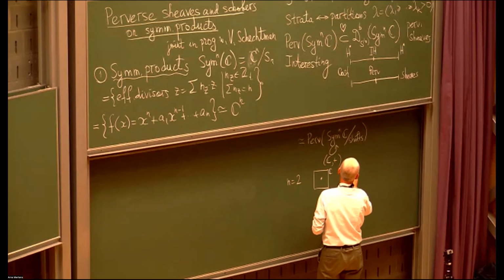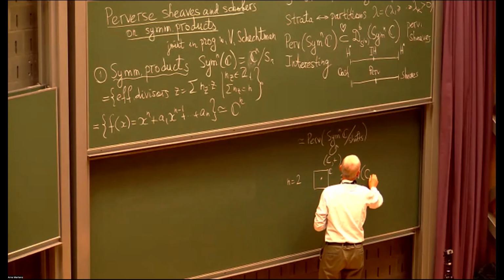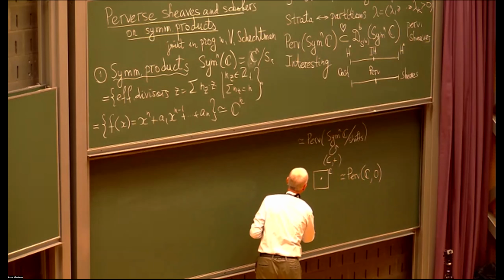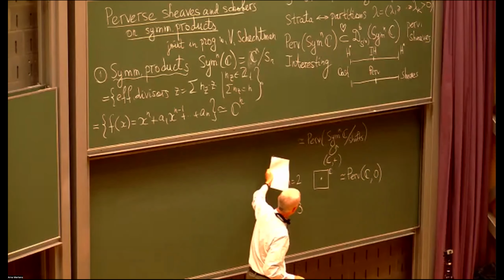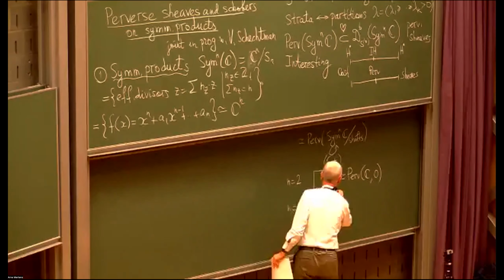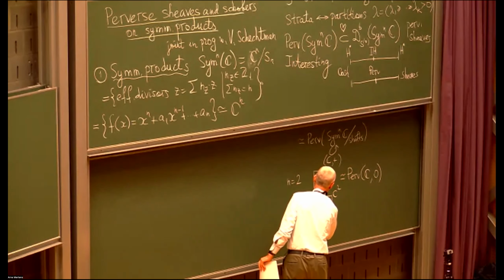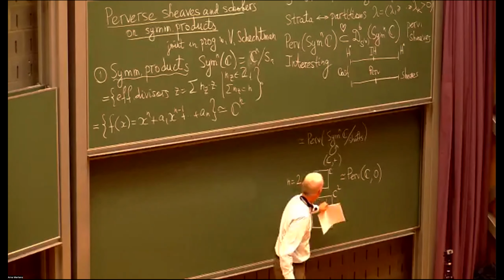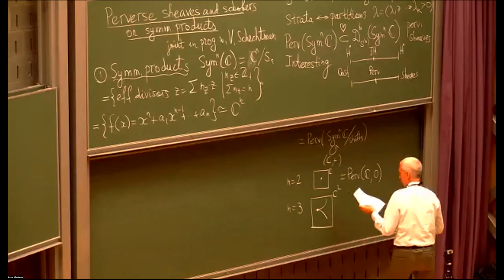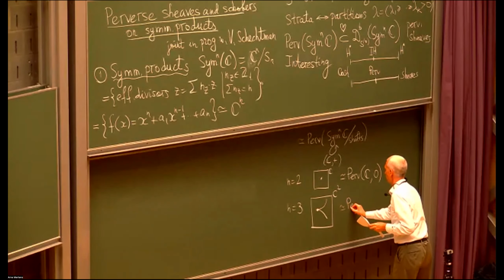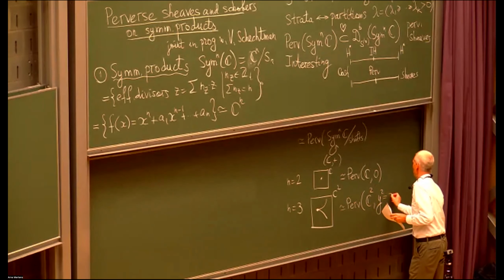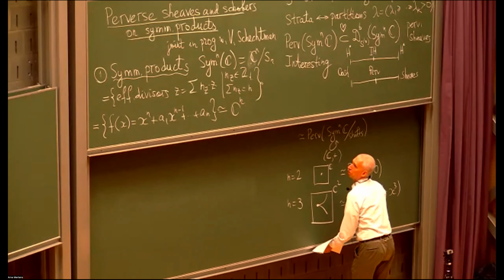So it's the same as the category of perverse sheaves on C with singularity at 0. For n equals 3, the third symmetric product quotiented by the shift gives C^2. The strata consist of this semi-cubic parabola, or rather its open part, and the cusp point. So it's the same as perverse sheaves on C^2 with respect to the semi-cubic parabola y^2 equals x^3.